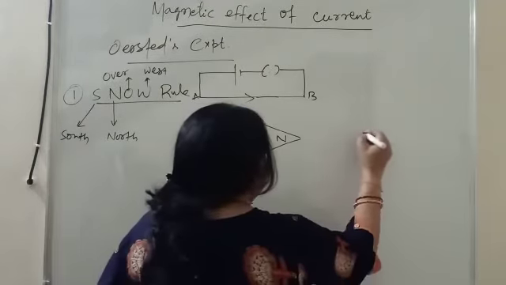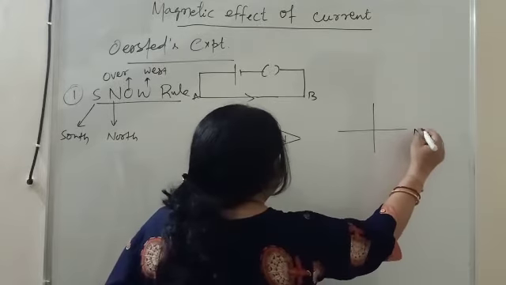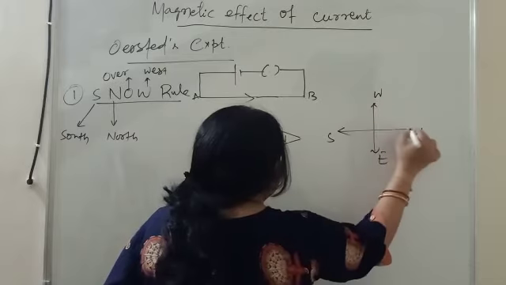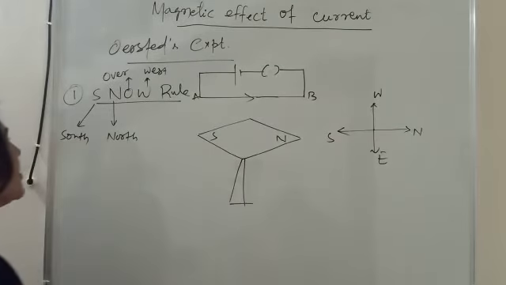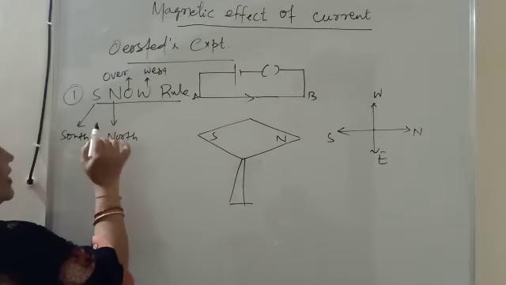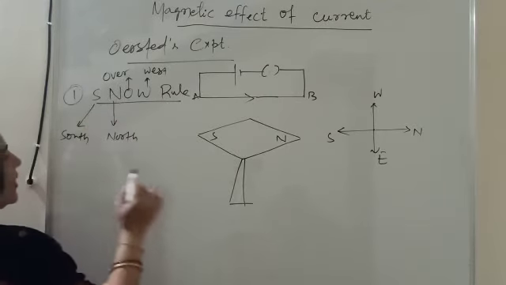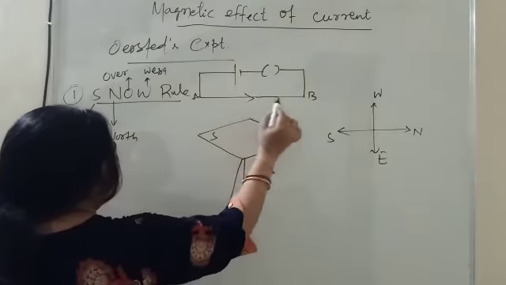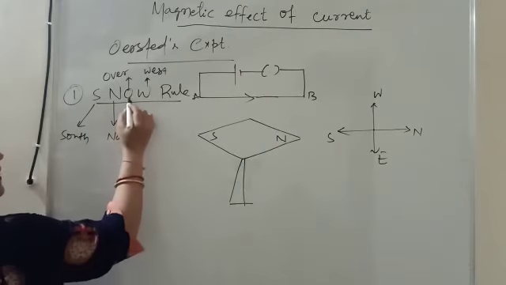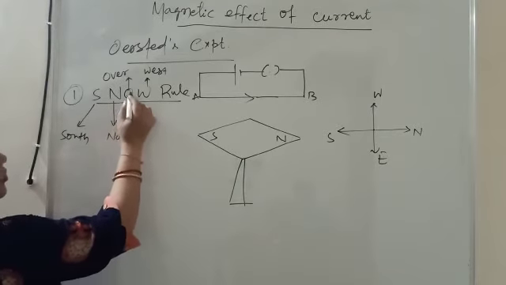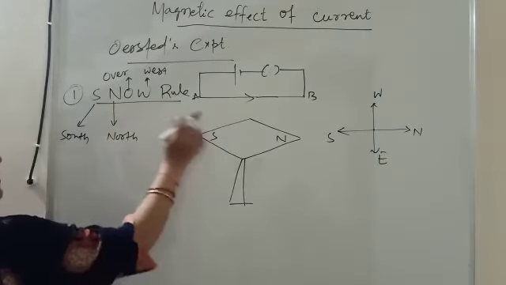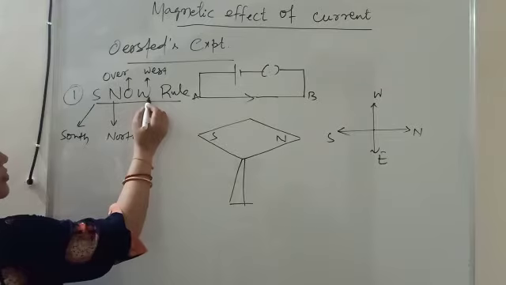Now let's first take the cardinal directions here. As we have taken, this is north, this is south, this will be your west, and this will be your east. Now, as per the rule statement, when the current is flowing from south to north, and the conductor is placed over the needle, O stands for over, in that case the north pole of the needle will get deflected towards the west.